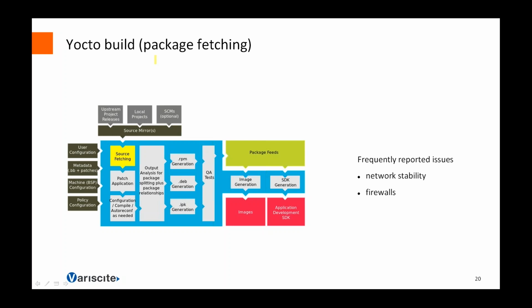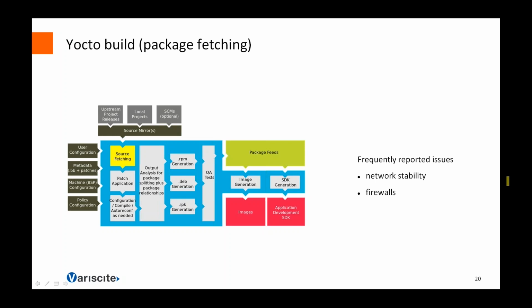Usually, customers report some specific issues that are mainly network stability and firewall problems. What I mean is, most of these sources, if I need to say how many, I don't know, but basically all but 2, U-Boot and kernel, come from external repositories that are beyond the community control, generally speaking.